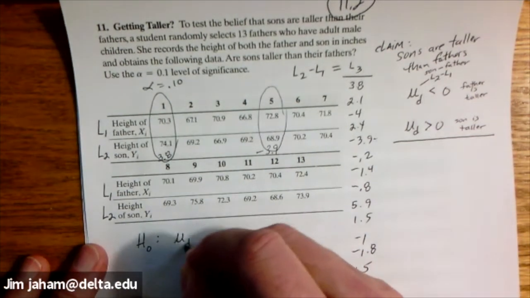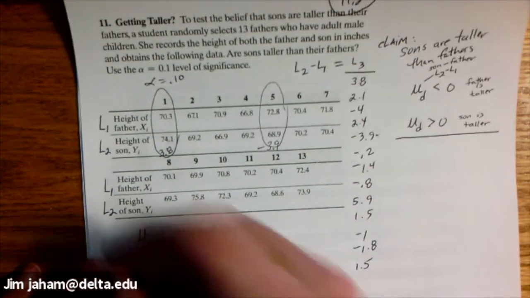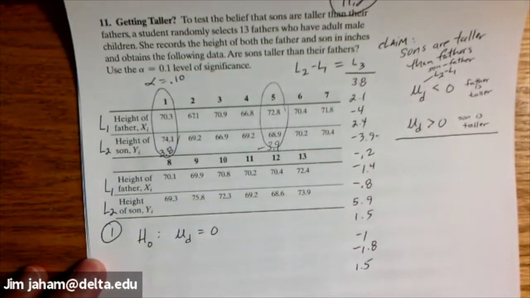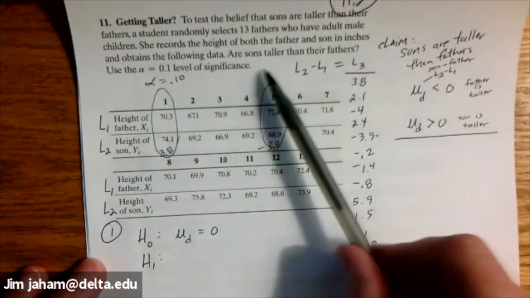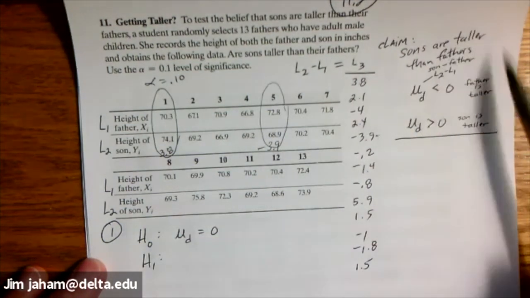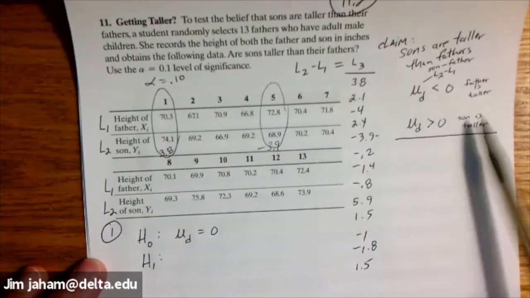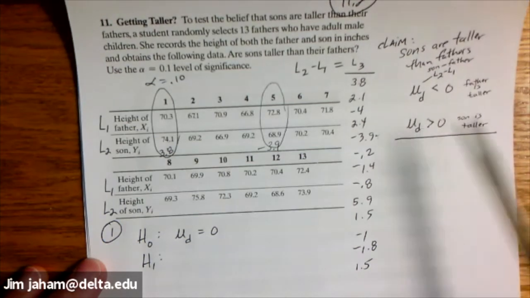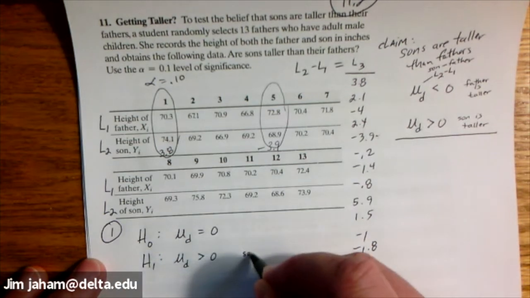So the mean of the differences is equal to 0. That is always the null hypothesis in these tests. And we're going to test the claim that sons are taller. And when we did this analysis here, this means the father is taller, and this one means the son is taller. We want to test this claim. So the mean of the differences greater than 0. Sons are taller.